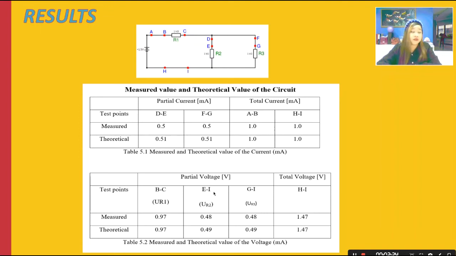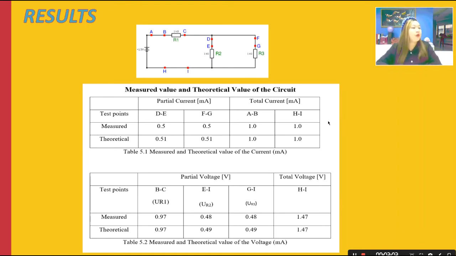As for the partial voltages at resistors 1, 2, 3, for resistor R1, the measured and theoretical value is the same at 0.97 volts, and then R2 is slightly different. For the measured we get 0.48, and for the theoretical we get 0.49, and for R3 it's slightly different as well, with the measured at 0.48 and the theoretical at 0.49. The total voltage we used to calculate our theoretical value, so that should be the same at 1.47 volts.